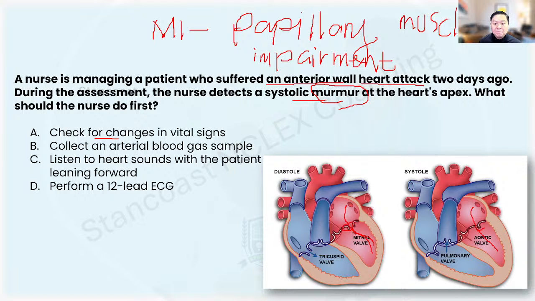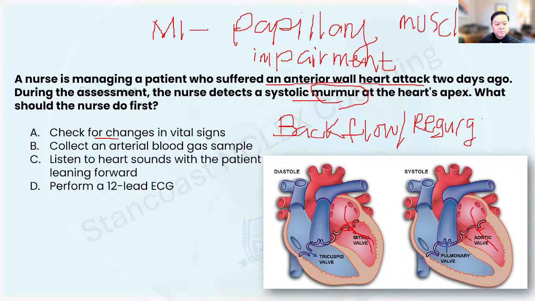It can backflow and it will now create that murmur, okay? And so with that backflow here, let me just write here, backflow or regurgitation. We're talking about the mitral valve here, guys.